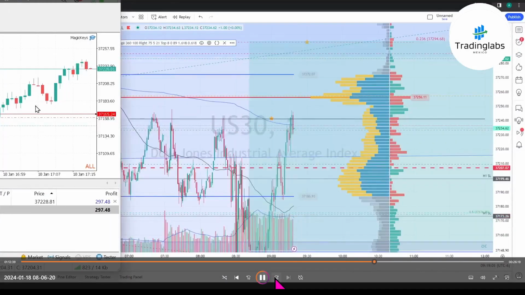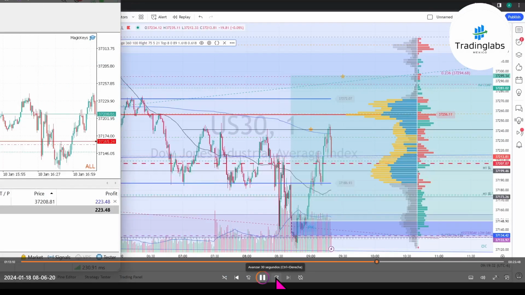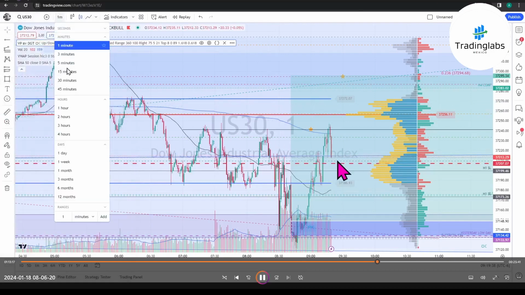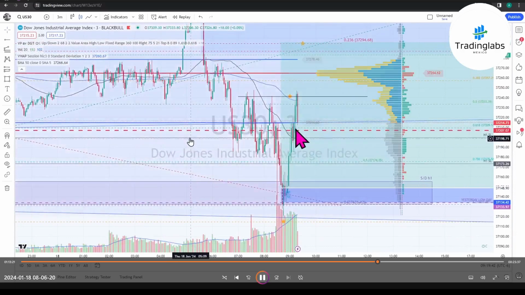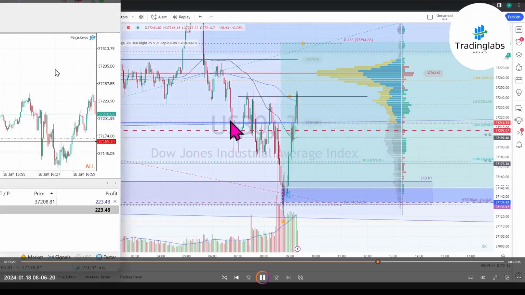Let me forward, and then it's dropping down, and I said, oh my god, it's a lot of volume, but it's reacting to this support. Look at this. That's what I was thinking. Damn, I should have closed here.